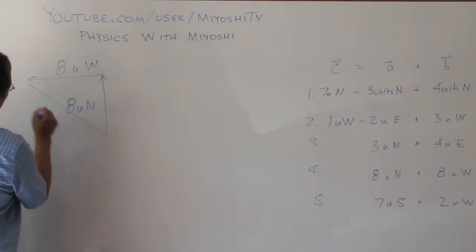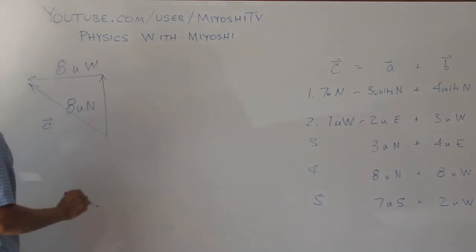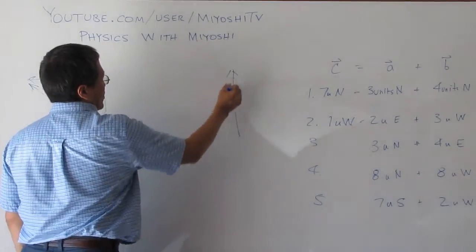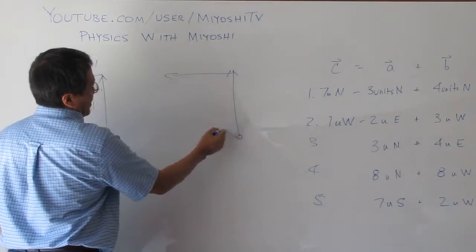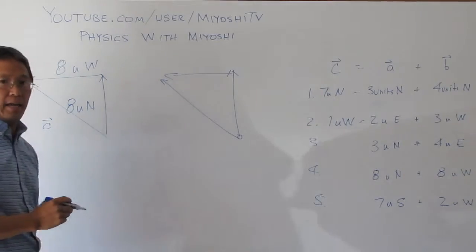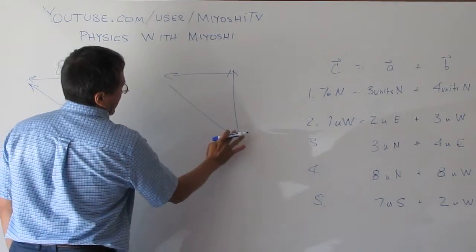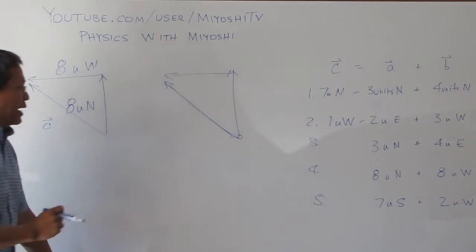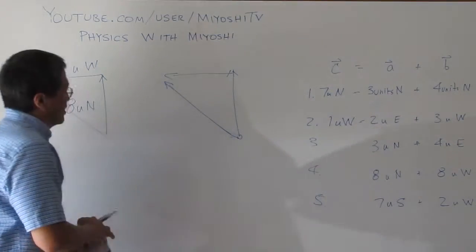So then I have my resultant over here, C. Make sure you do head to tail, and the resultant comes from the beginning and goes to the end, always. Some people have a tendency to want to make it go the other way, but it's not. The resultant is always back from the beginning tail to the ending head.